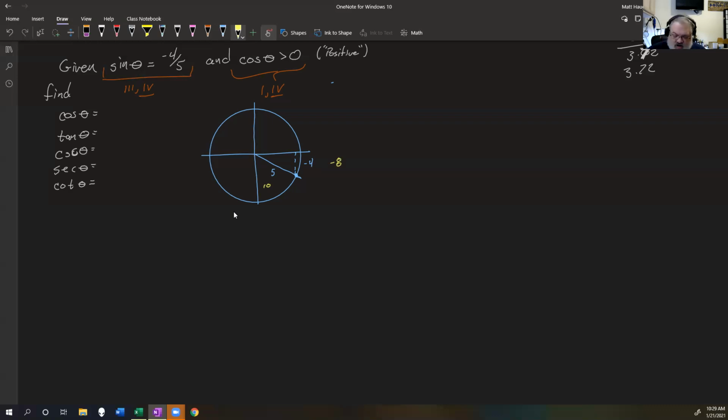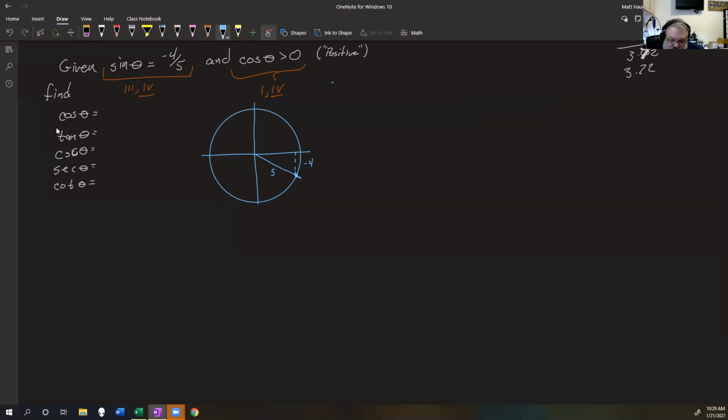Or let that be 1, and then that height is -4/5 if you wanted to. As long as that ratio holds, it's going to allow us to find the other trig functions for this angle. And it's usually handiest to use the whole numbers just for our own convenience.